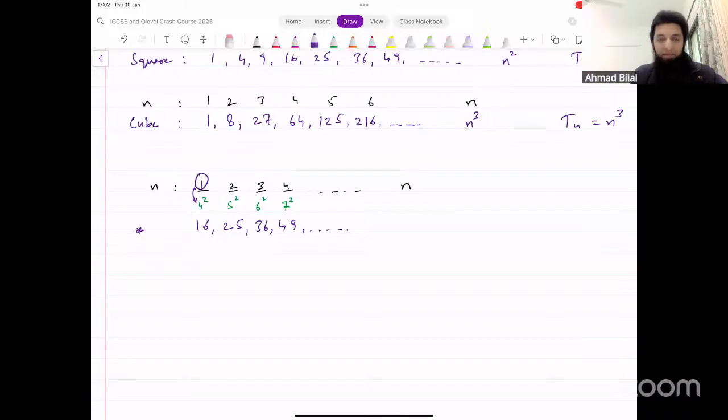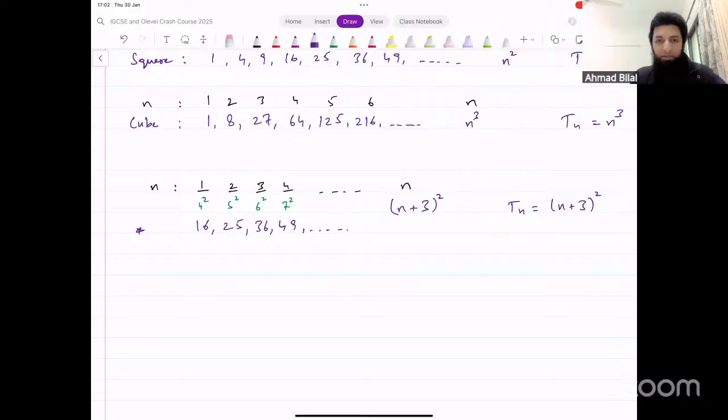So 1 plus 3 and then square that thing. If it's the third term, you add 3 and square. If it's the fourth term, you add 3 and square. If it's the nth term, you add 3 to that and then square that. That will be the nth term formula of the sequence: n plus 3 whole squared. Make sense?